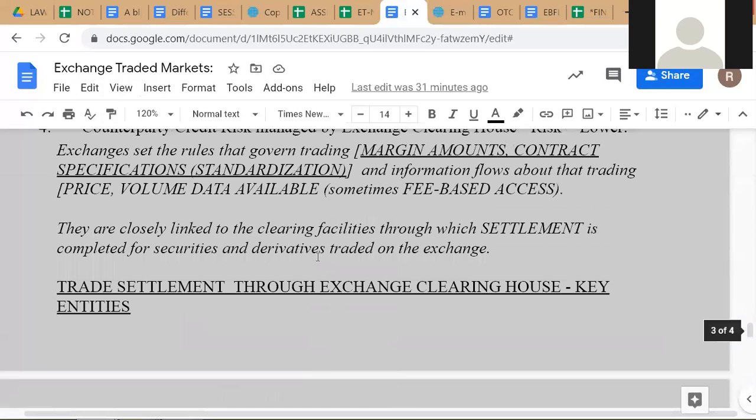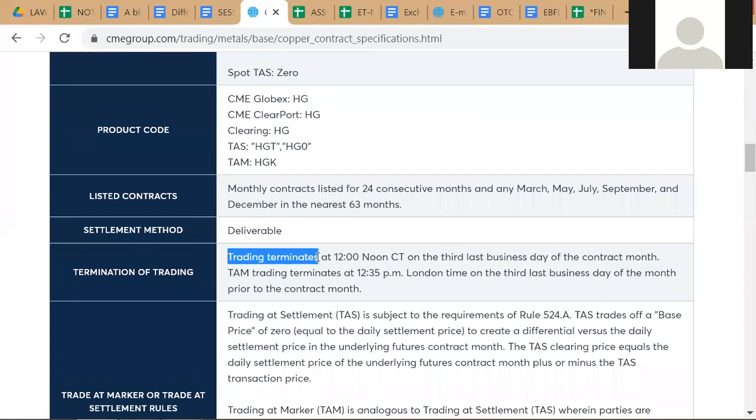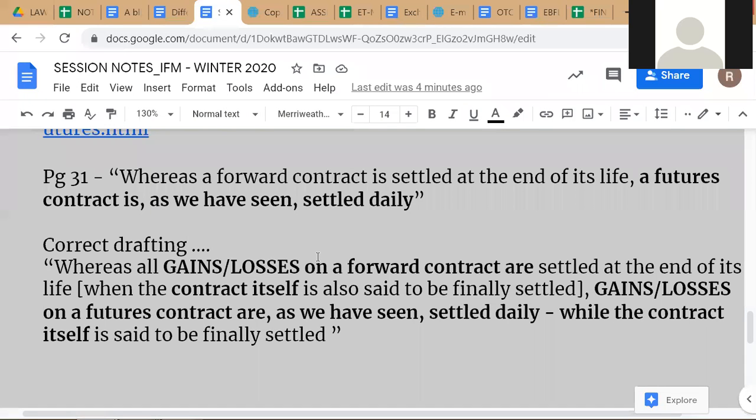Where was I? I was talking about this here actually, the improper language.